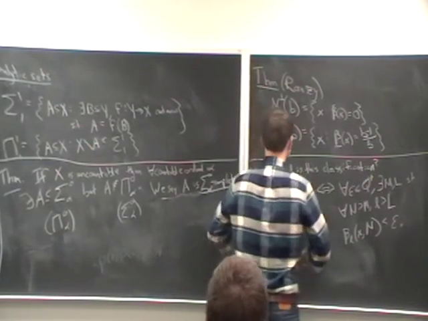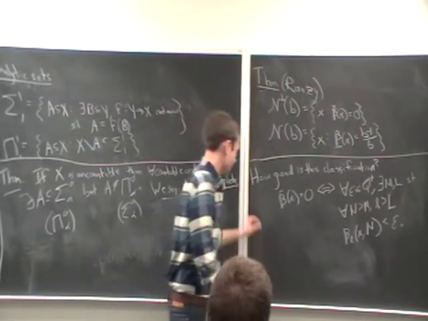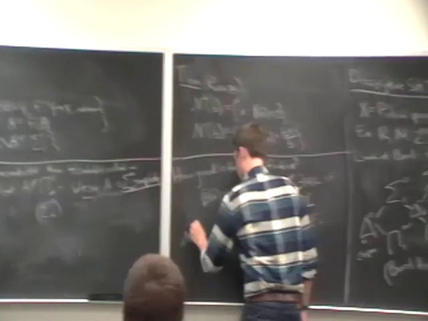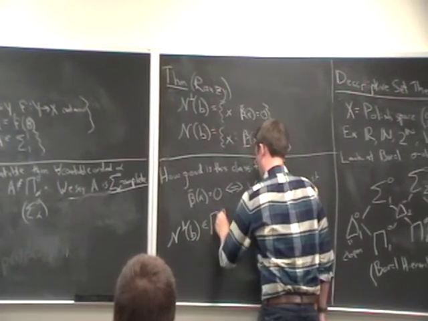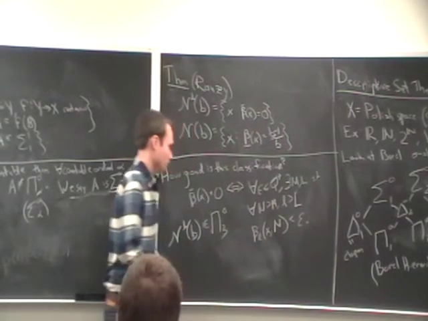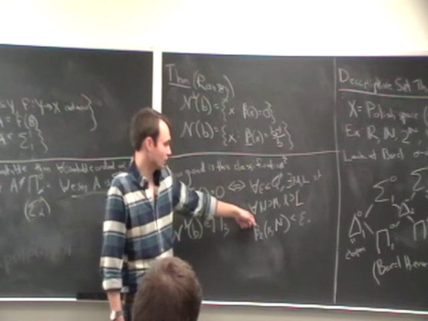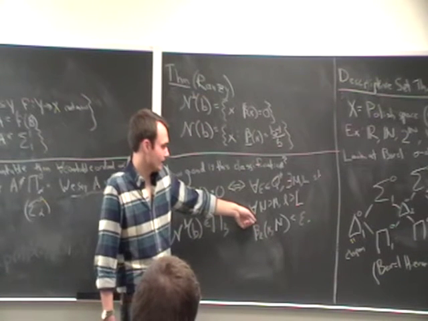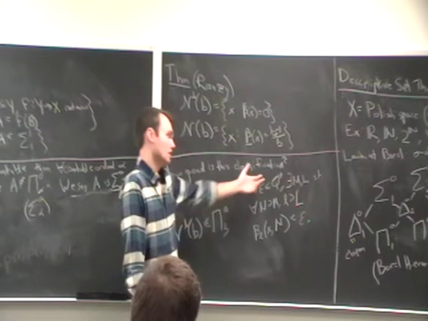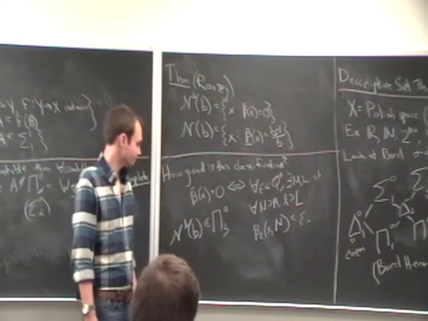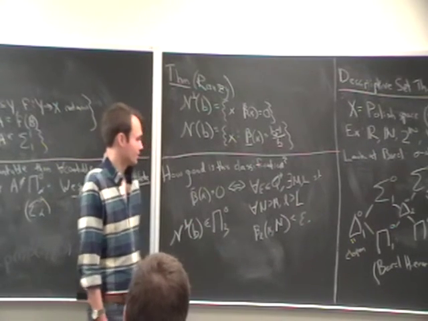But due to Rauzy's theorem, we actually have that N-perp of b is in Pi^0_3. Why is this? Well, this is a clopen condition, so it's Delta^0_1. A countable intersection of Delta^0_1 sets, and then a countable union of those, and then a countable intersection of those is just Pi^0_3. So we have that N-perp of b by Rauzy's theorem is in Pi^0_3.